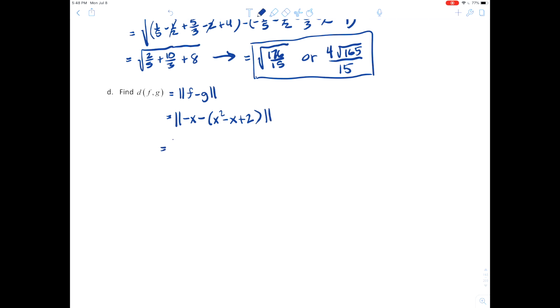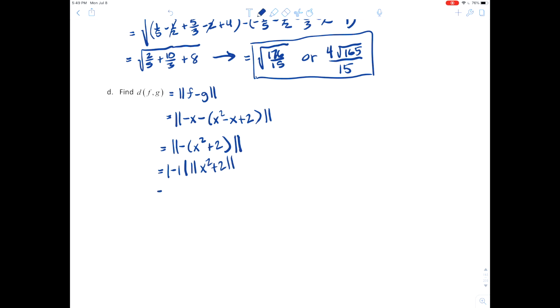So that's going to be the magnitude of negative quantity x squared plus 2, which will be absolute -1 times the magnitude of x squared plus 2.